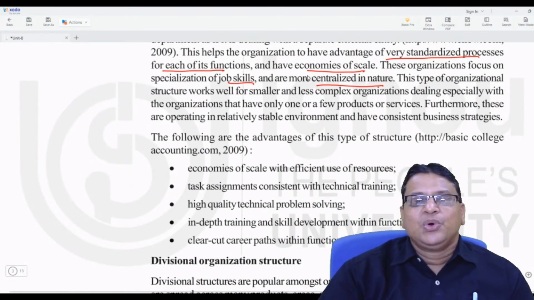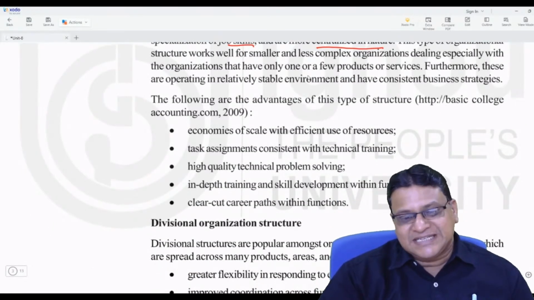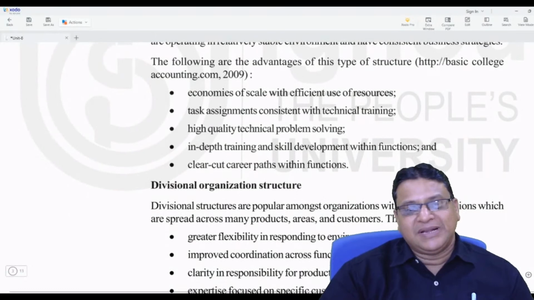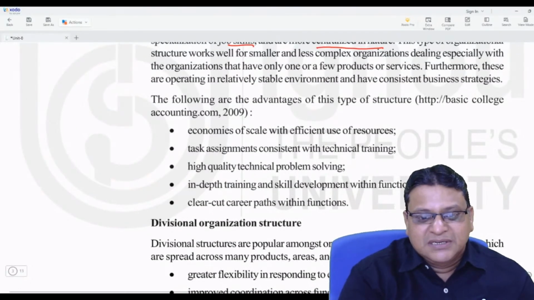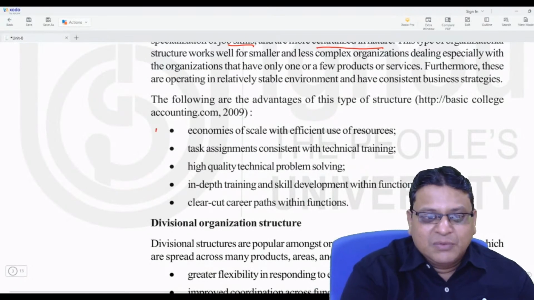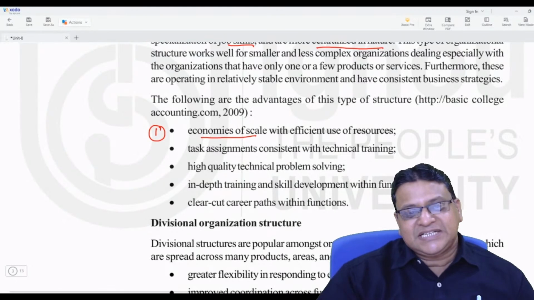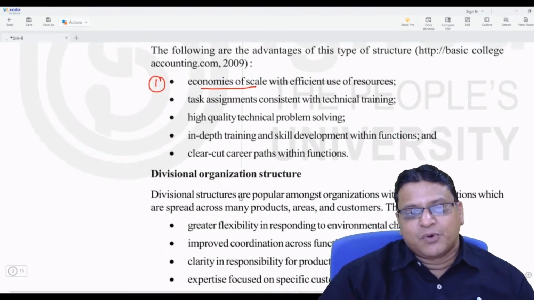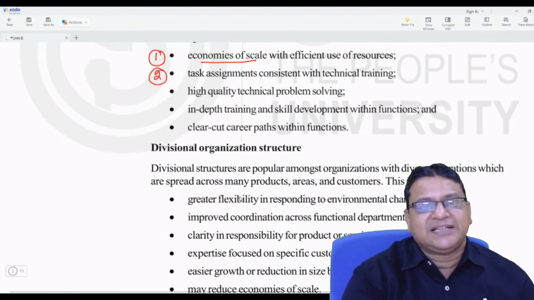Okay, so this type of structure has certain advantages. What are the advantages? We have already discussed them. First, this structure provides economies of scale, and it provides better training to the personnel working in it.